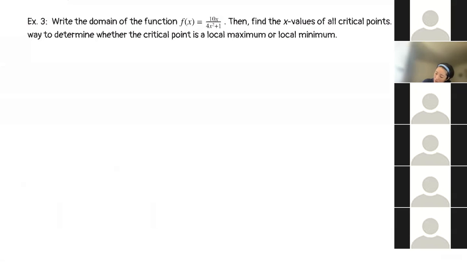All right, so we've got a gross looking function, f of x equals 10x over 4x squared plus 1. How am I going to find the domain of this? Or let's even back up. What does domain even mean?